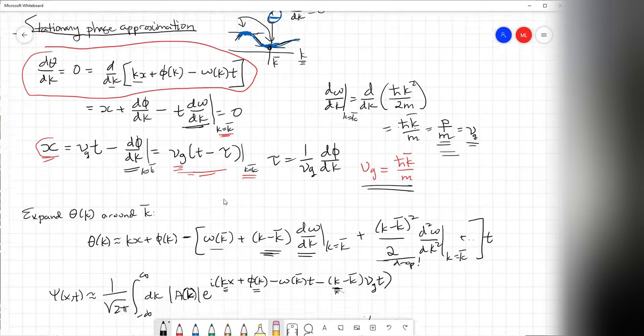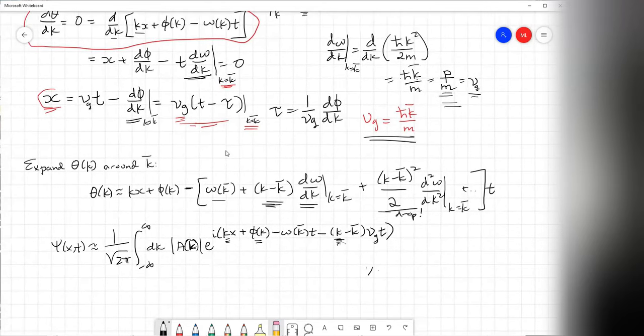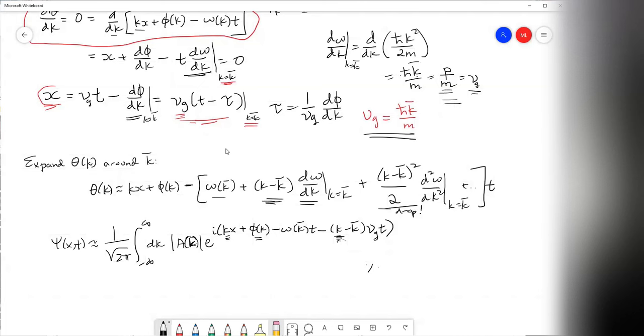What we're doing here is trying to rewrite the integral in a nice way to see what happens to the wave packet. I know it seems kind of arbitrary not to expand this guy, but it works because we'll know what this stuff is. And all we're doing here is trying to get rid of some of this extra k dependence in the omega by expanding omega around k bar, which is the stationary point.